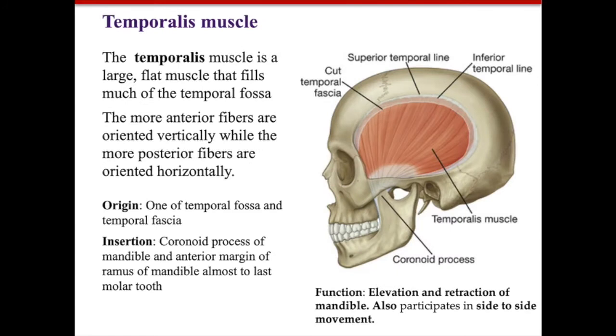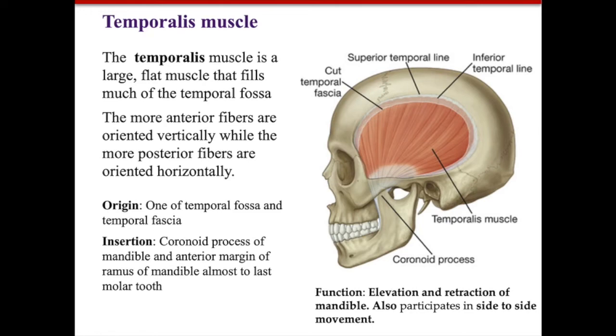The temporalis is also a muscle that will elevate because it comes from above, from what we call the temporal fossa, and inserts on the coronoid process and the ramus of the mandible. So it's a muscle that attaches to the mandible at a certain angle.